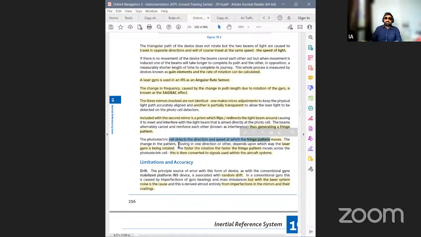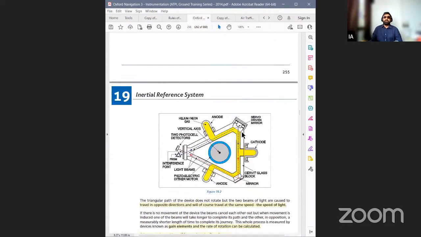The change in the pattern moving in one direction or the other depends upon which way the laser is being rotated. The faster the rotation, the faster the fringe pattern. And then this is converted into signals which are used by the aircraft systems. So all the difference that is picked up is at this point here. A fringe pattern is observed.